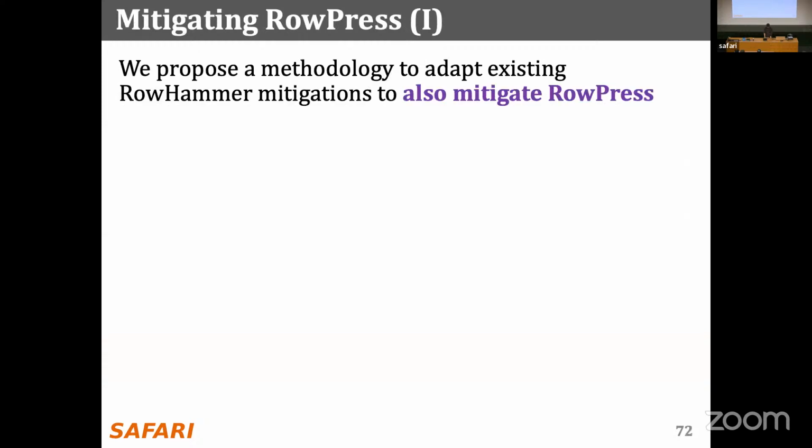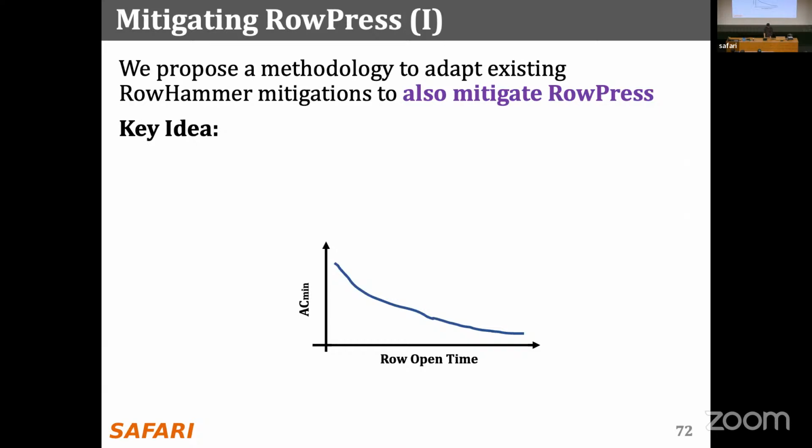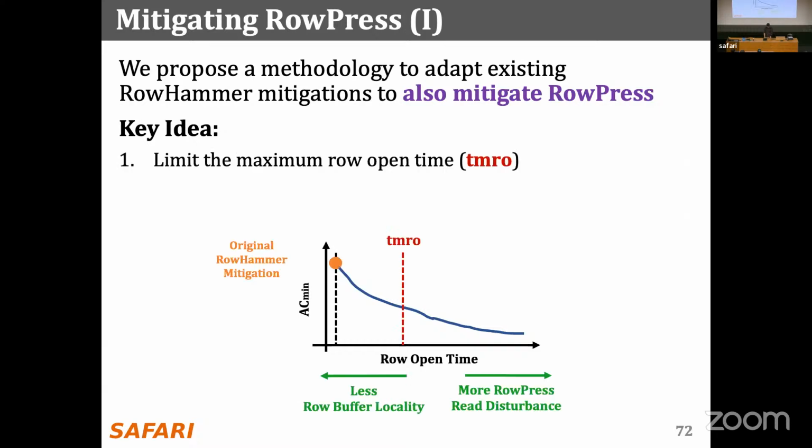In order to mitigate RowPress, we propose a methodology that adapts existing RowHammer mitigations to also mitigate RowPress. The key idea is that we first limit the maximum amount of time that the row can stay open.